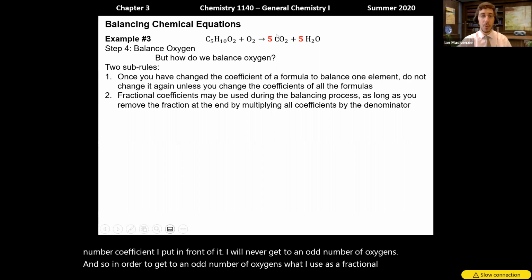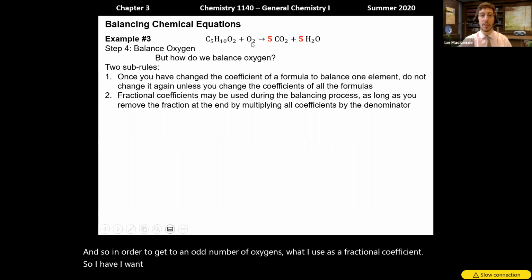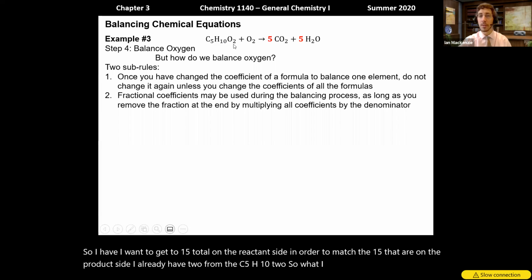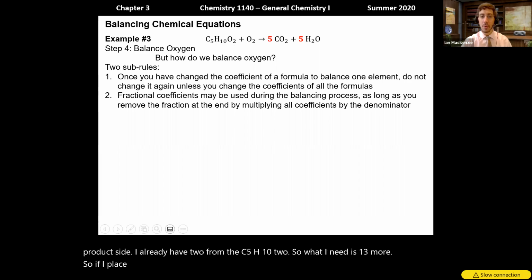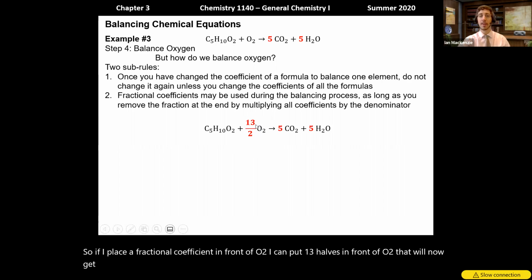So I want to get to 15 total on the reactant side in order to match the 15 that are on the product side. I already have 2 from the C5H10O2, so what I need is 13 more. So if I place a fractional coefficient in front of O2, I can put 13 halves in front of O2. That will now get me 13 oxygen atoms, because remember the total number of atoms is the coefficient times the subscript.